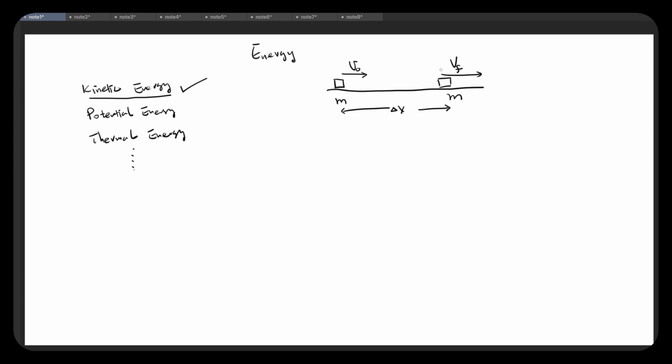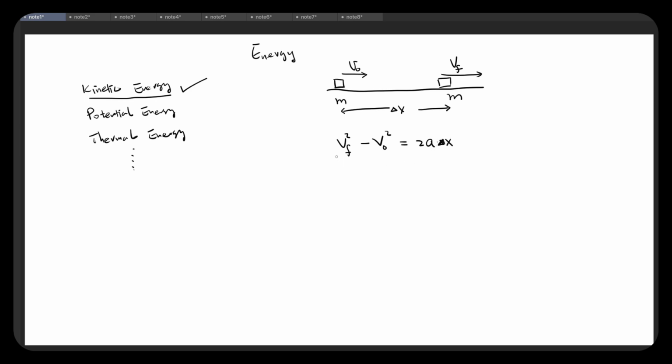Okay. Now remember, from 1D kinematics we have V final squared minus V naught squared equals 2a delta x. We have that equation.